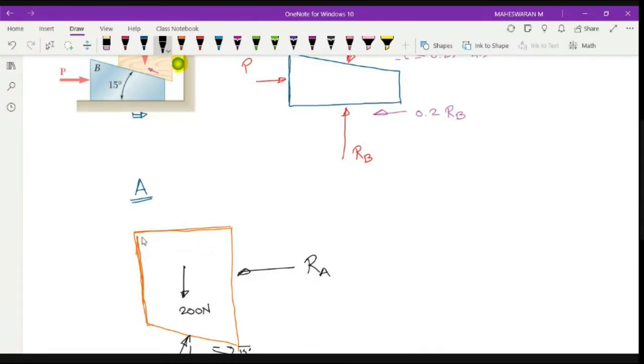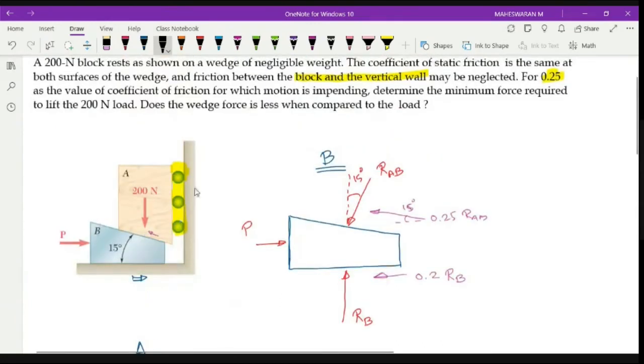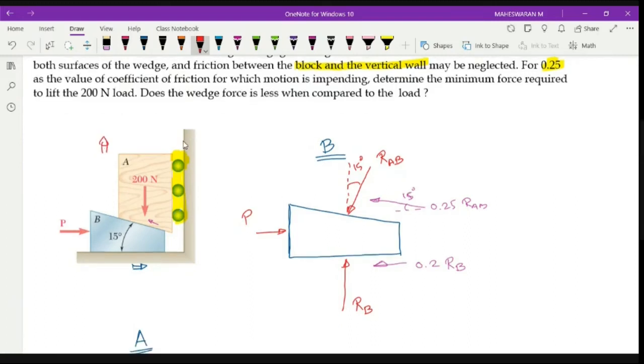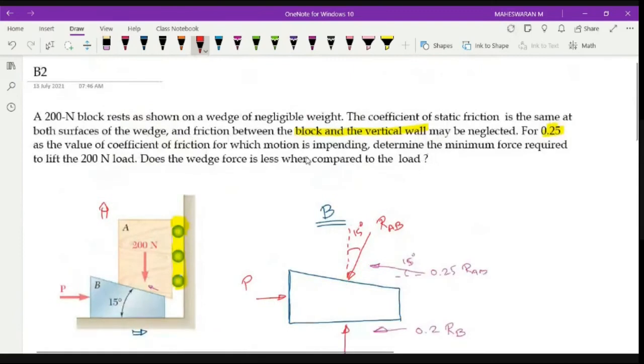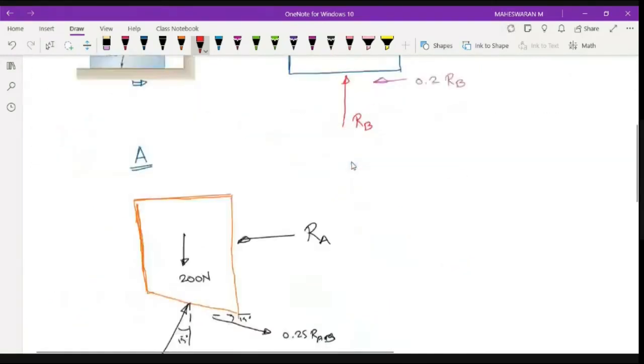When you look at how this block will be moving, when you apply a force like this, how does block A move? Upwards, sir. Yes, when you apply a force, block A will move upward. Since the problem says there is no friction, you don't need to consider it.